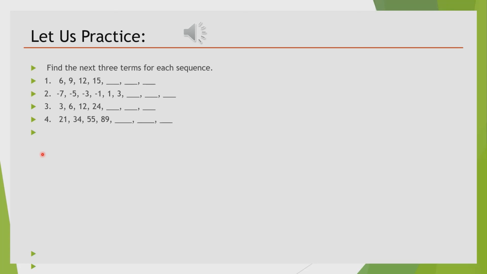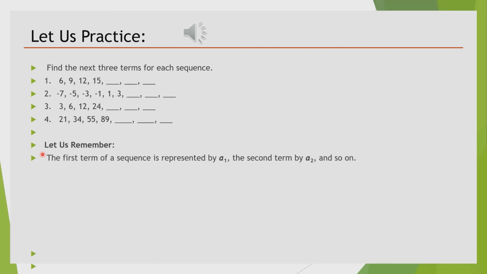So let us remember how to get the next term of a sequence. The first term of a sequence is represented by a sub 1, the second term is a sub 2, and so on. To determine the common difference of a sequence, denoted by d, subtract a term by its preceding term.